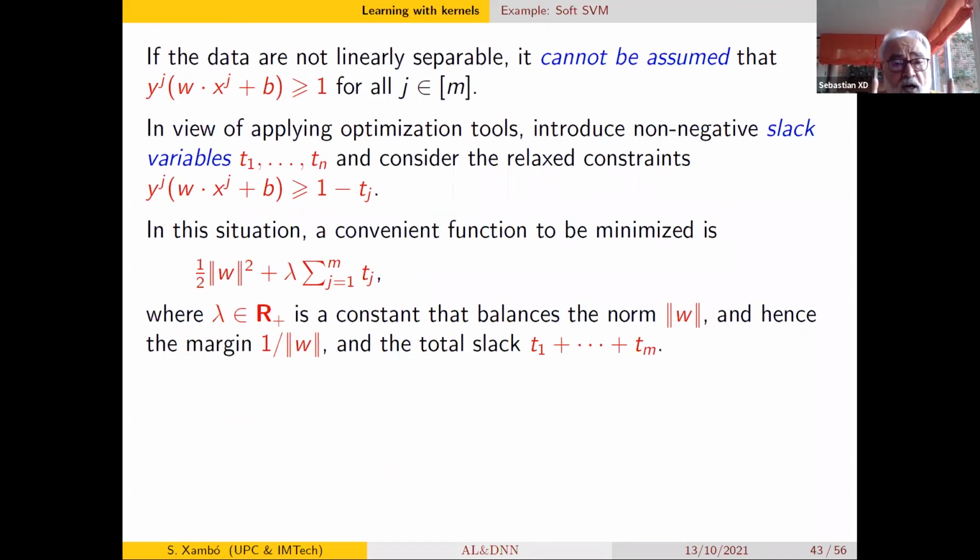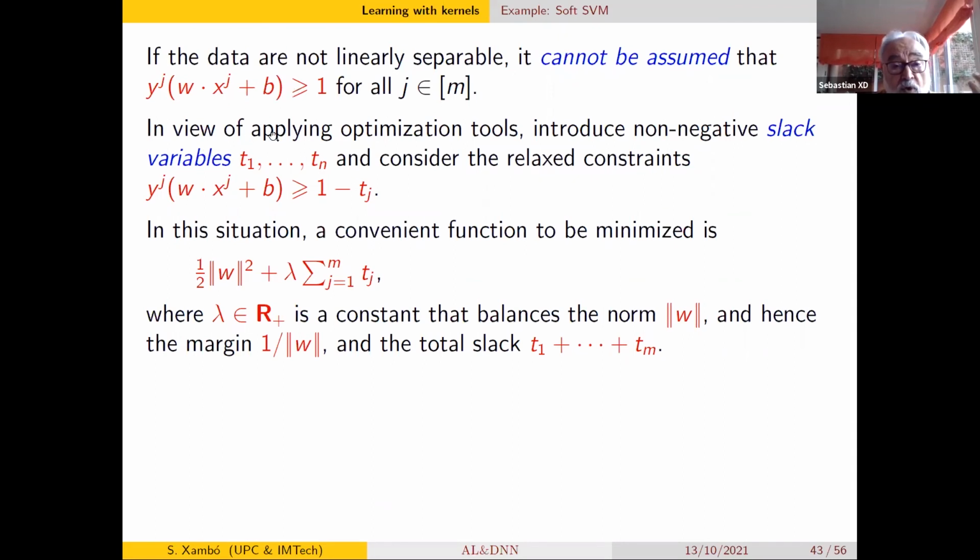If the data are not linearly separable, as was assumed for what I have called the support vector machine, what can we do? Well, in this case, we cannot assume that these conditions are valid for all j. There may be j's that violate this condition.